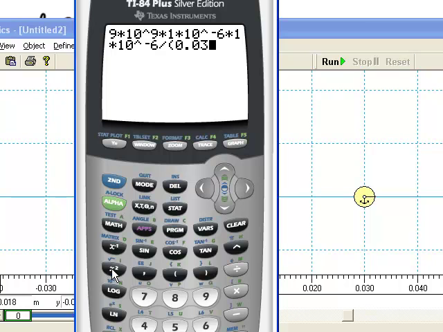Actually, I didn't have to put it in parentheses. Take that back. Squared meters, and hit enter, and I come up with exactly 10 newtons.